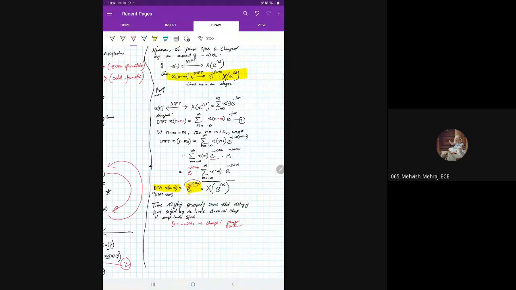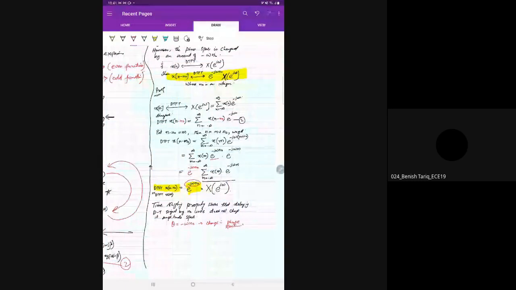Binish, ठीक है? सर एक क्वेश्चन, हाँ बताओ. जो इक्वेशन सेकंड है, उसमें जब हम इसको शिफ्ट करते हैं बाय n माइनस n नॉट, तो वहां पे जो हमने e टू द पावर माइनस j ओमेगा n रखा है, वहां पे तो माइनस ओमेगा n नॉट आना चाहिए ना? देखिए, वो हम यहाँ पे बेसिकली सब्स्टिट्यूशन कर रहे हैं.